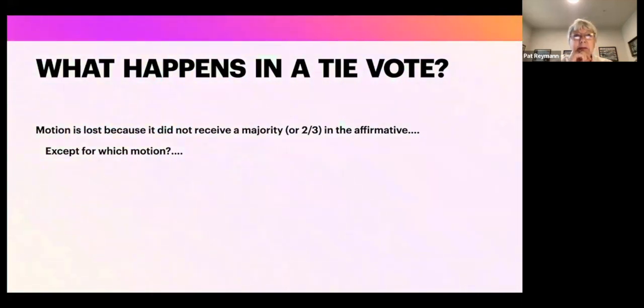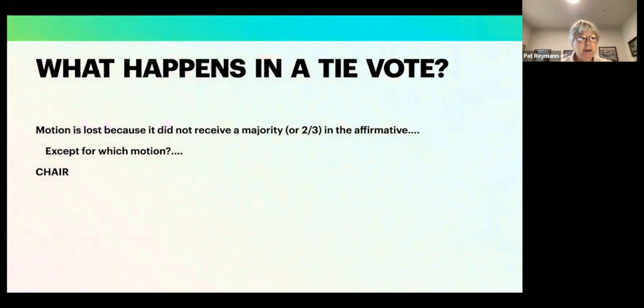Do you remember what that one was? Okay, you've got it. Appeal from the decision of the chair. Shall the decision of the chair be upheld? And if it's a tie vote, the answer is yes, the decision of the chair is upheld. So it's not lost in the same sense that this would be. So just see if you remember that.